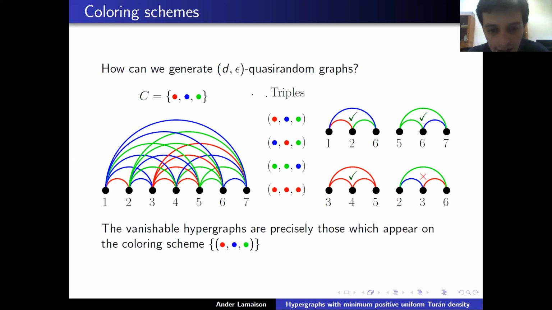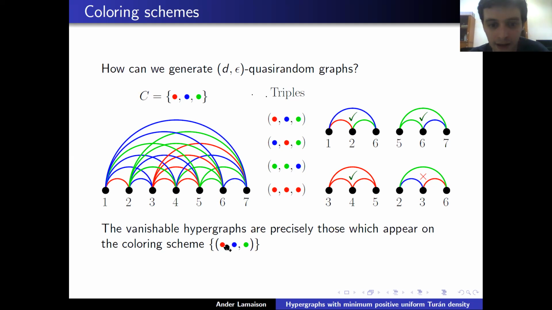So Reiher, Rödl, and Schacht characterized that the vanishable hypergraphs, the hypergraphs which have uniform Turán density equal to 0, are precisely those which admit what I'm going to call the trivial coloring scheme or the vanishing coloring scheme, which is just one which has only one triple, which is made of different colors.